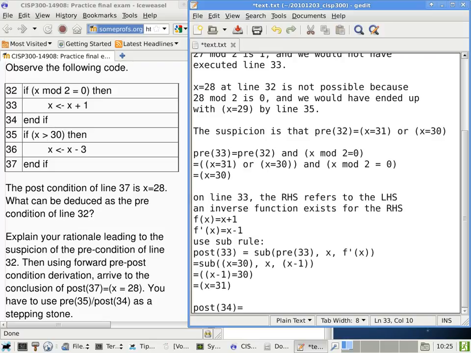So in this case, it is not the case that x mod 2 equals 0. Is that making any sense? Okay. So that means post 34 is post 33, or this whole thing here, pre-32 and not x mod 2 equals 0.